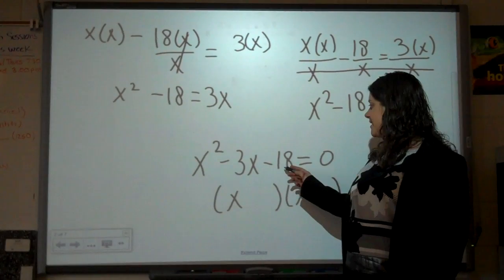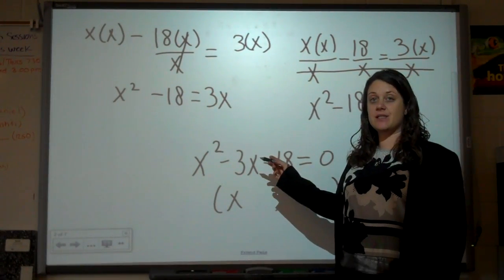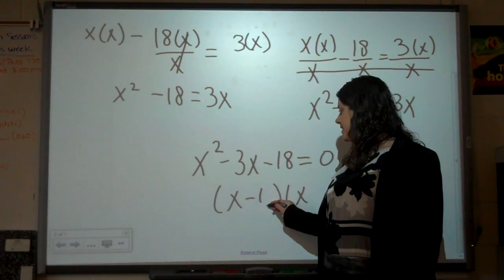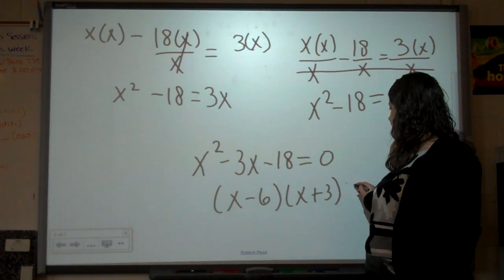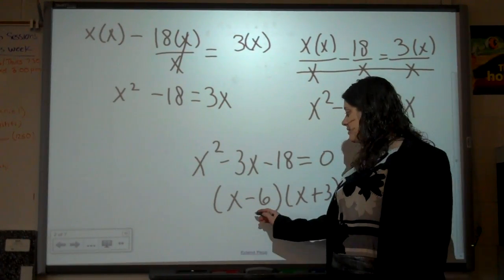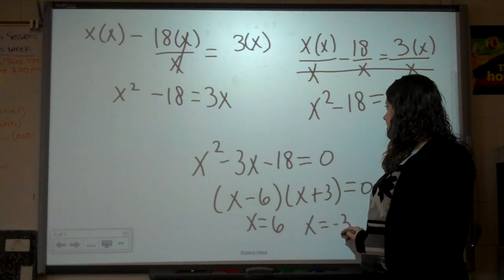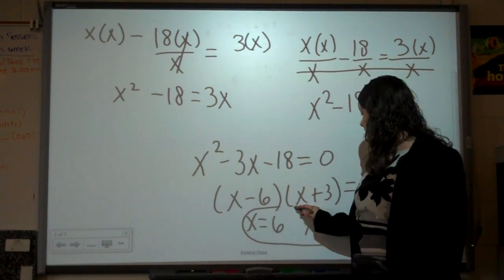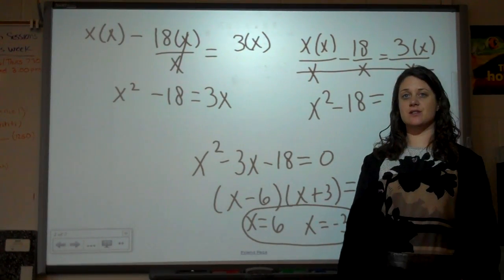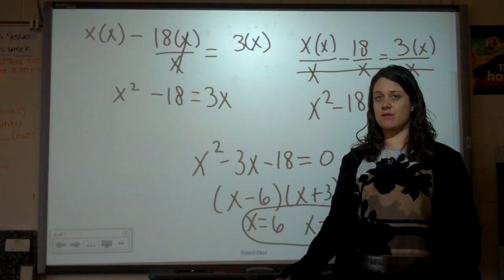So to make 18, I could have 2 and 9, but that's not going to work. Or 6 and 3, that'll work. So x minus 6 and x plus 3. Now I am solving it, so if I set each part equal to 0, I will have x equals 6, and I will have x equals negative 3. So those are my two answers. Those are the two things I could plug into the original rational equation that would solve it.